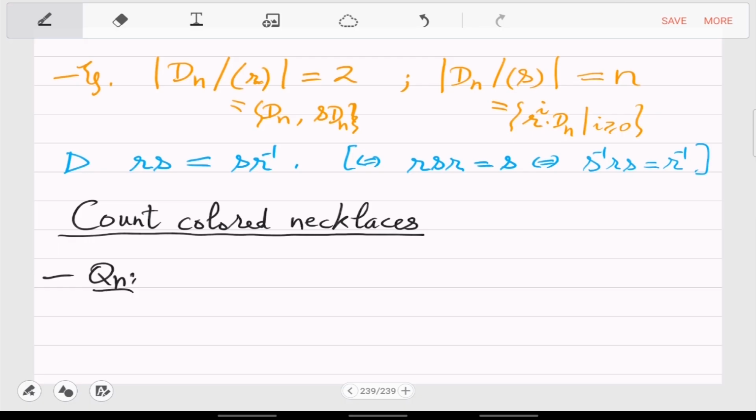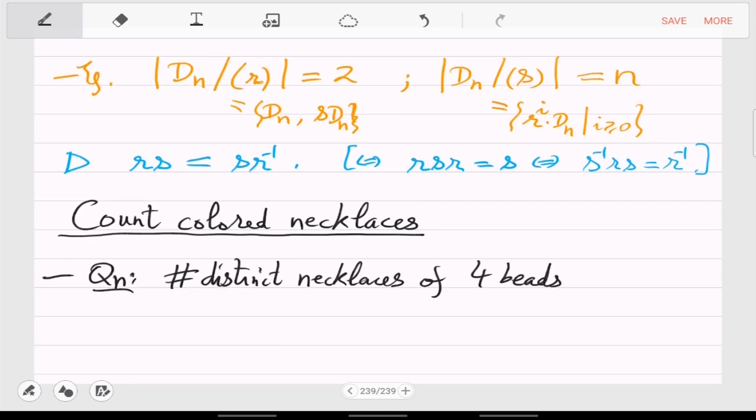So this polygon will be called a necklace, and under the symmetry, if there is a transformation, then they will be called the same necklace. Okay, so this needs an example. So we want to count the distinct necklaces of 4 beads with 2 colors.